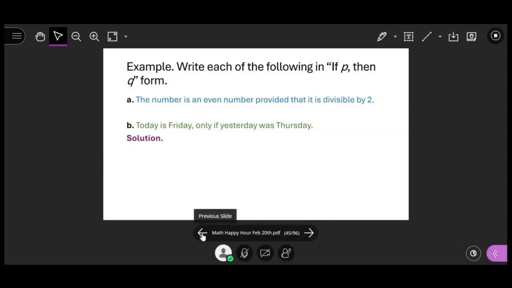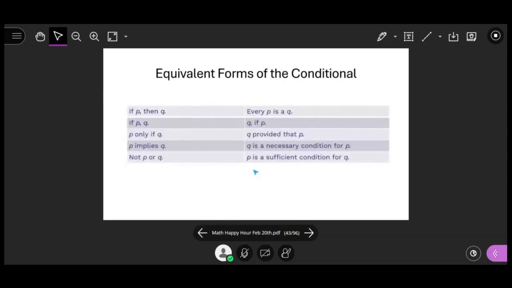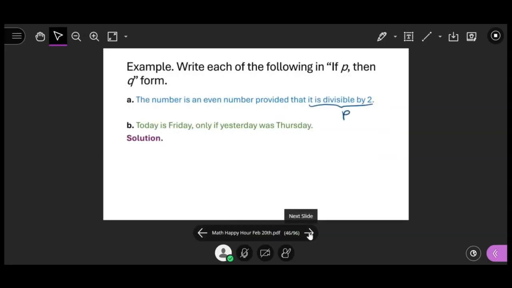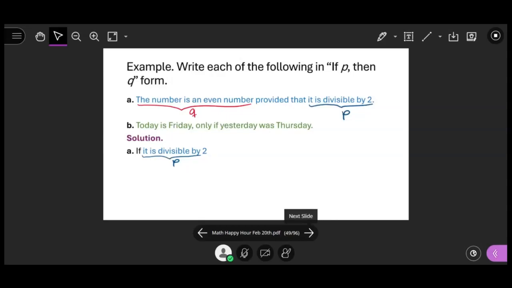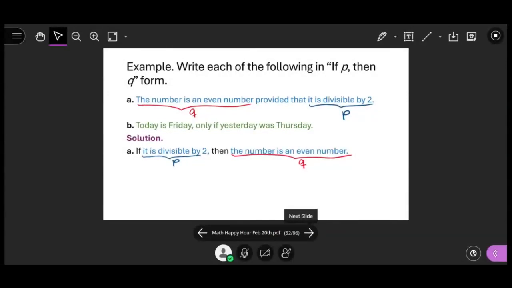And if we look at the table, Q provided that P, so after the word provided is your P. Then we'll identify Q. Q is the number is an even number. And then we're going to rewrite it: if P, P is, it is divisible by 2, then now we're going to put Q, the number is an even number.